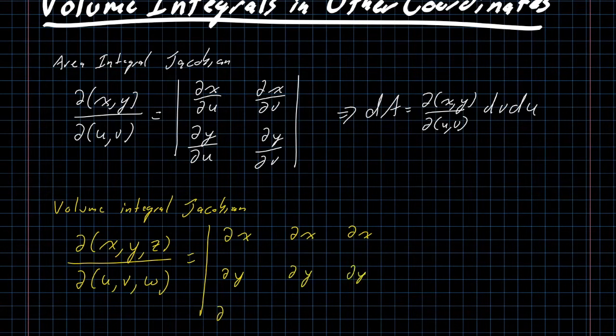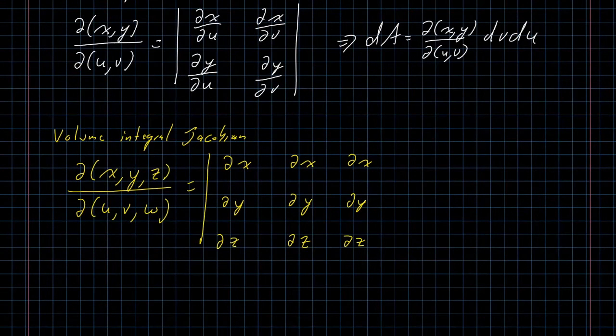And we're going to take partials of z across the third row. In the first column, we're going to take the partial with respect to u. In the second column, the partial with respect to v. And in the third column, the partial with respect to w.